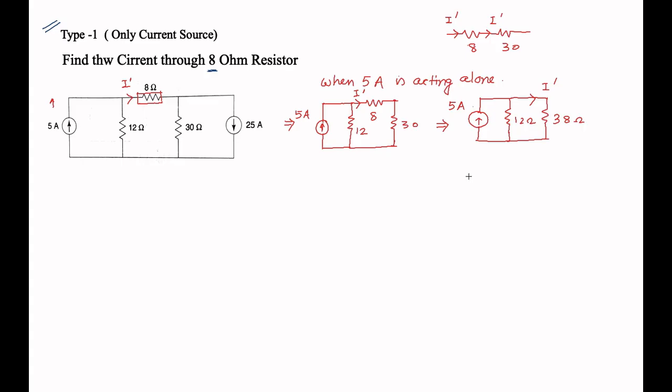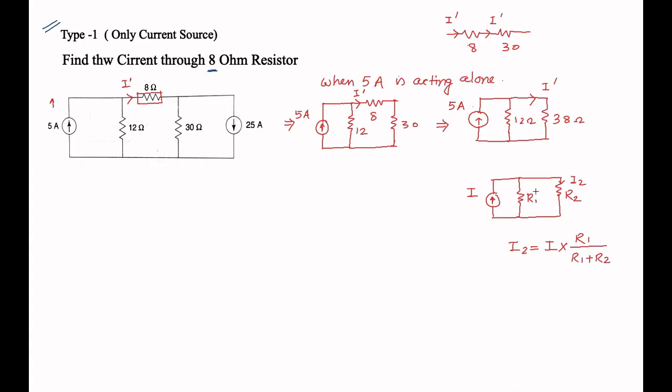Now what is the current division rule? Here you have a current source and two resistances, R1 and R2. What is the current through R1? If the total current is I, then I2, the current through R2, is equal to the total current I times R1, the resistance of the other branch, divided by R1 plus R2.